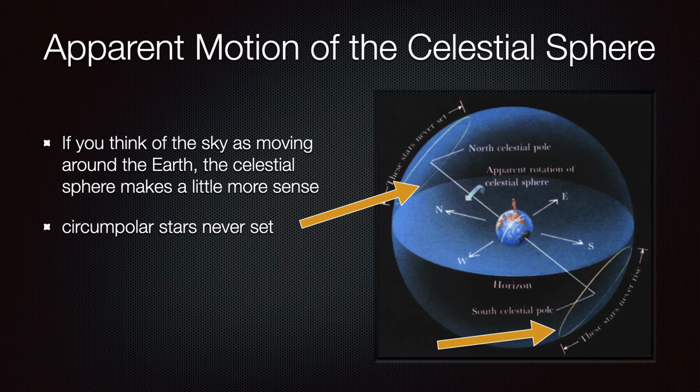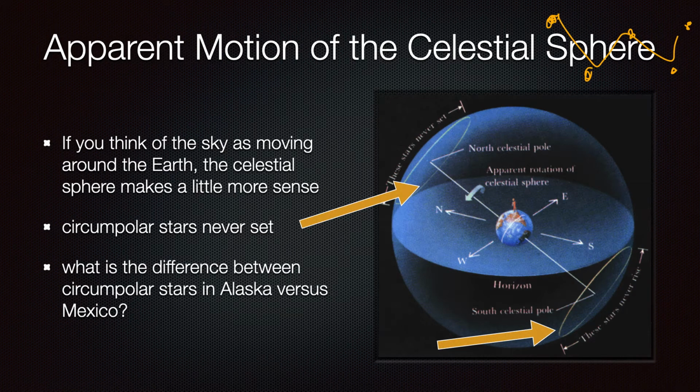There's a constellation called Cassiopeia up in the northern part of the sky that makes a little W shape. It never ever sets. You can't see it in the daytime, but it never sets. As you watch it all year, you can see the different parts of the sky, and then it's real obvious that thing never sets.